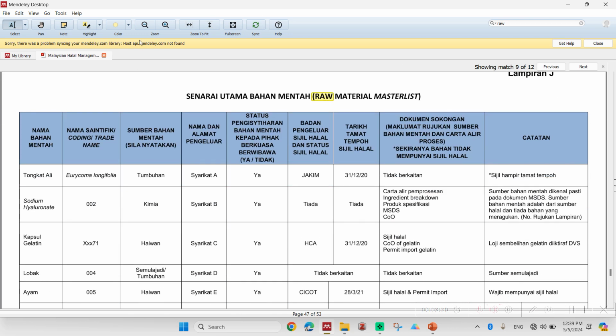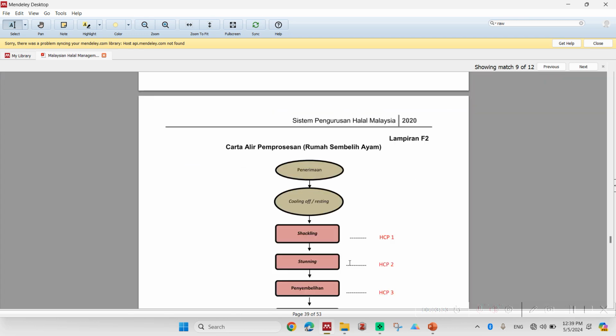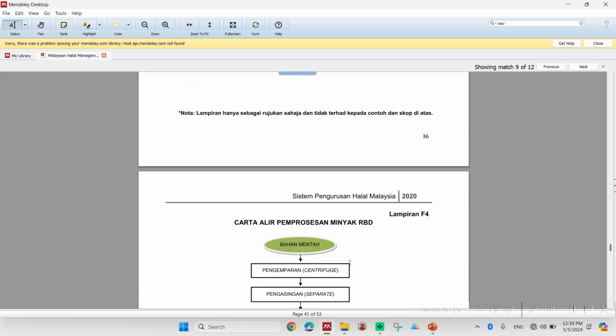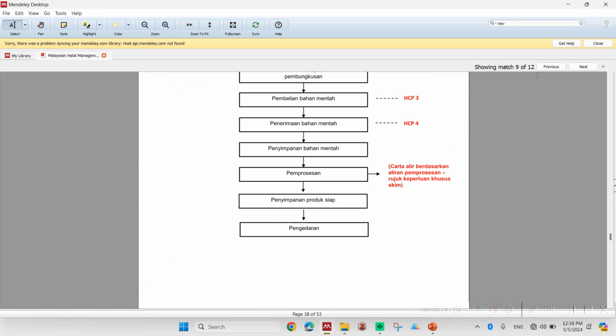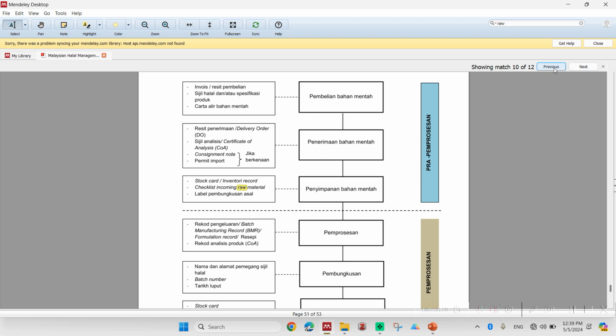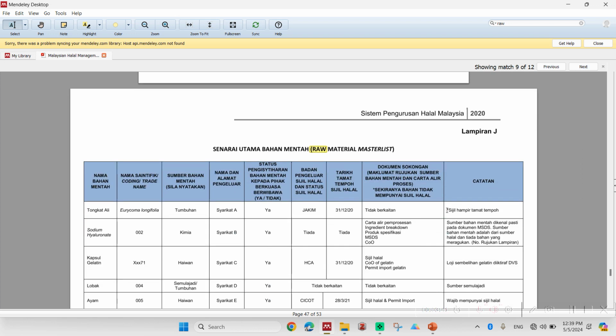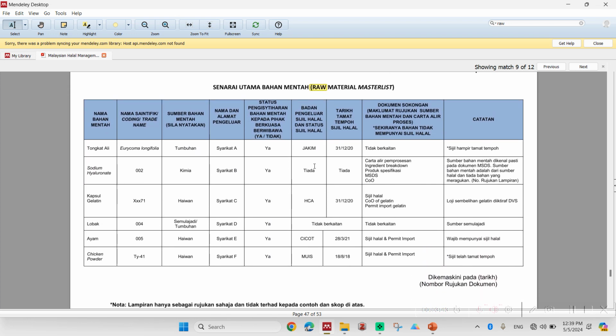To make it clearer, it's like this raw material master list. I'm sorry, this is in Malay.